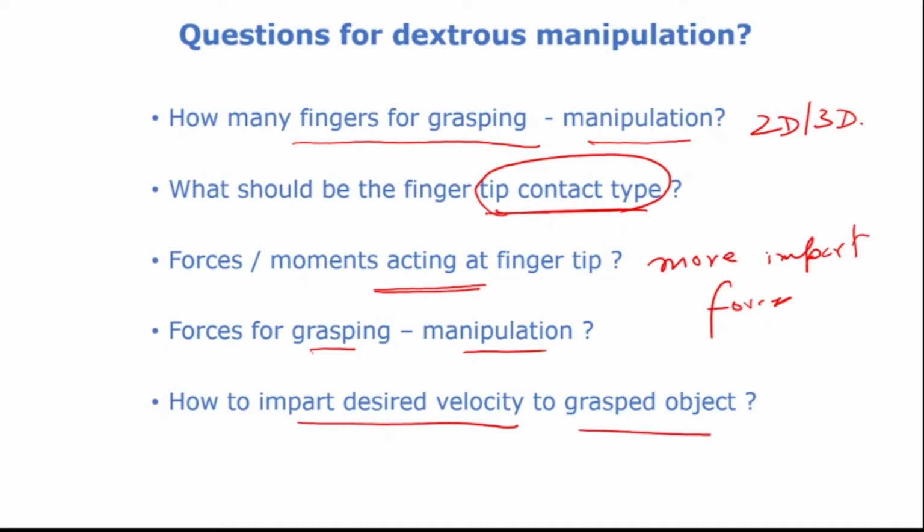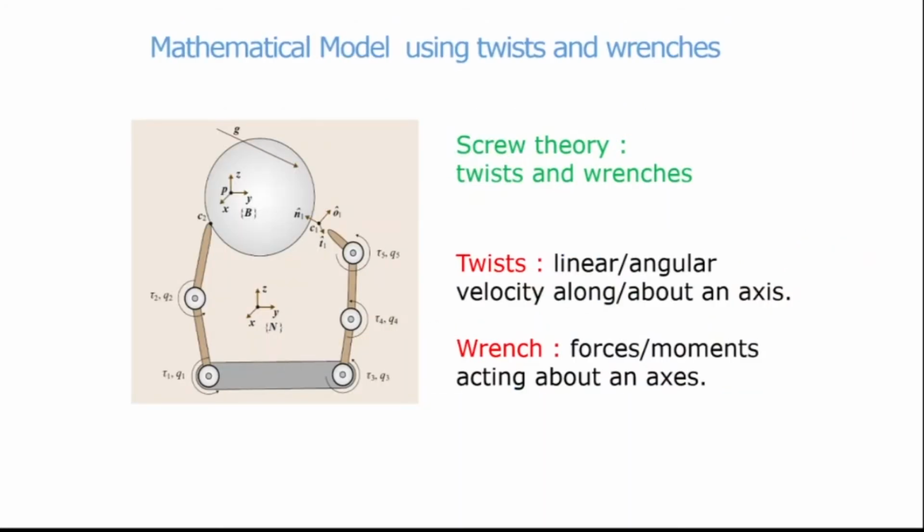I have grasped an object and I want to move it along a path, so how do I impart a desired velocity to it? Here again, we need to look at the mathematics. But unlike in the previous case of motion planning, where the robot is not making contact with the object, here the robot is making contact with the object.